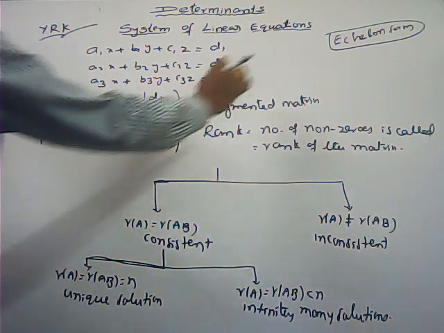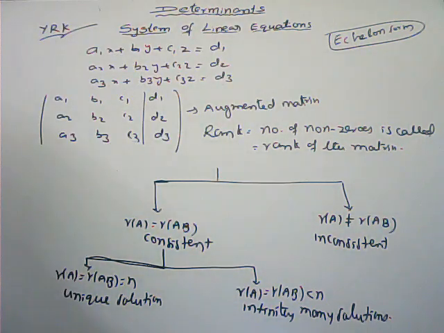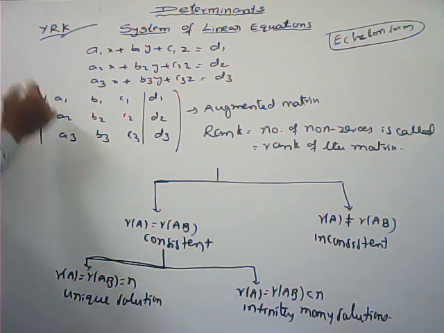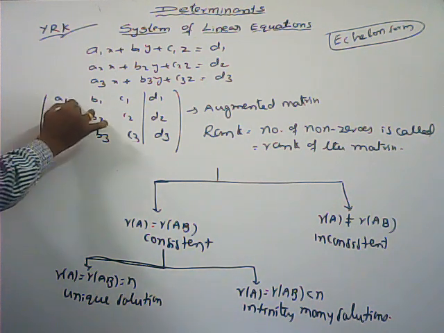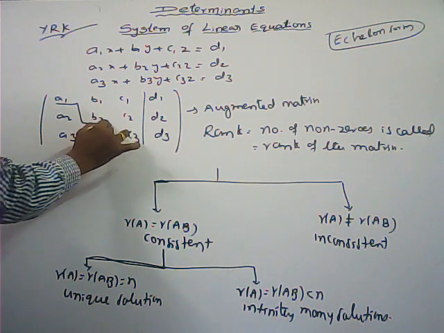And here I have written one more thing, echelon form. First you have to express the augmented matrix in echelon form. What is echelon form? Here this is the leading coefficient. From here you can draw staircases like this.